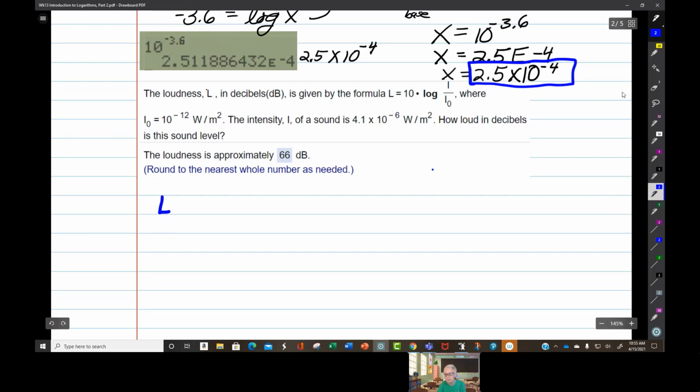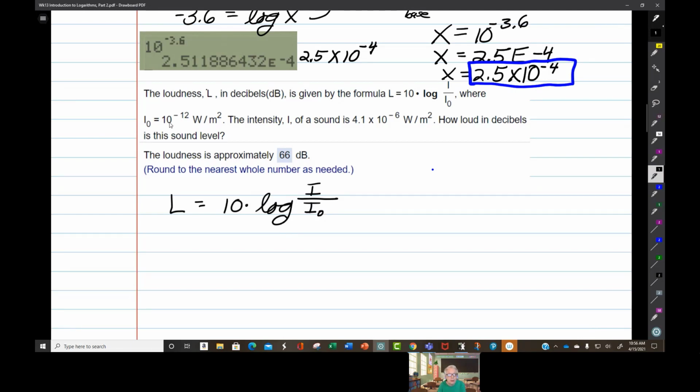L equals 10 times the log of I, where I bet that's the intensity, right? Just like before, over I naught.